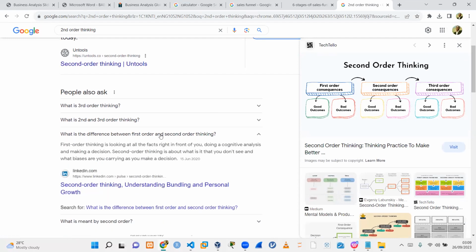Okay, let's look at some differences between first and second order. First order thinking is looking at the facts right in front of you. You're looking at what the person is saying. You're looking at the consequences of your action now. You're doing some cognitive analysis and making a decision. Second order thinking is about what it is that you don't see and what biases you are carrying as you make your decision.